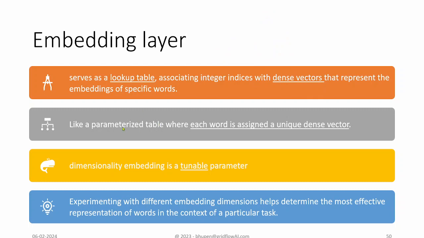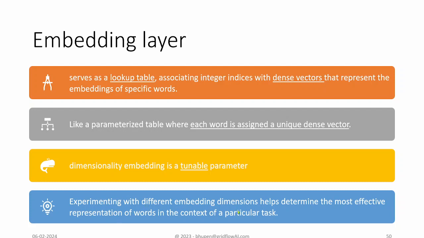This is like a parameter table where each word is assigned to a row, and that row represents the dense vector. The dimensionality of the embedding is configurable. We can choose the dimensionality to be 50 or 100 or 300 or even 1000 or 2000, depending on the complexity, variety and diversity of the data set.